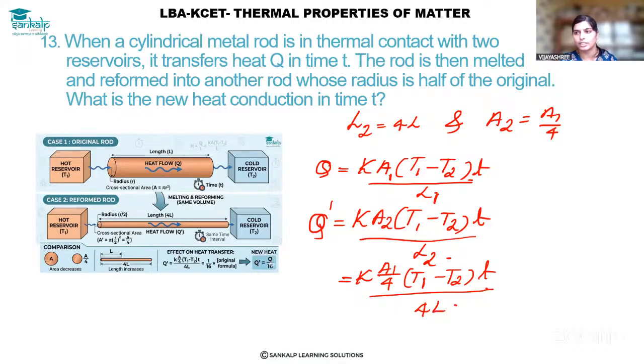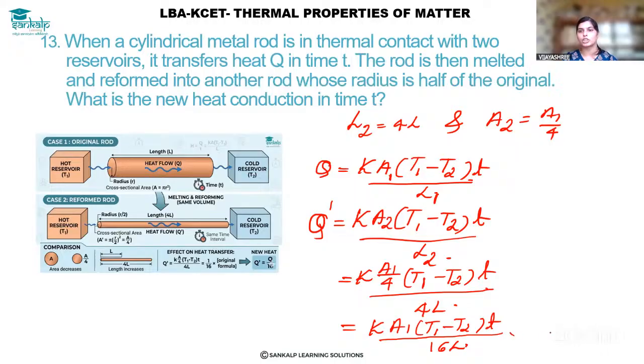So I write Q dash like this. Okay. Simplifying this, K into A1 into (T1 minus T2) into t divided by 16L comes. Right, Q dash.